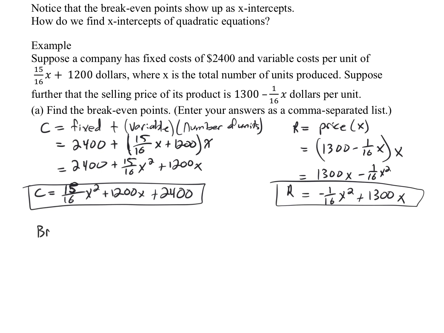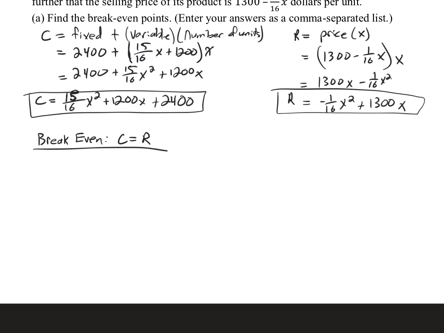So I'm just going to write down the phrase break even, C equals R, so that whoever's reading this later understands what I was about to try to do. Okay, so let's do this. 15/16 x squared plus 1,200x plus 2,400 equals negative 1/16 x squared plus 1,300x.